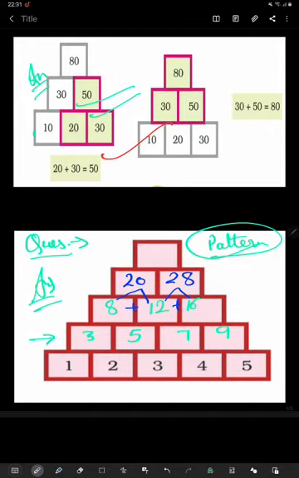Okay, now next one, last. This block is sharing the boundaries with these two blocks. Okay, so we will add these two numbers. So what will come? 48. Yes, very good children, your answer is correct. 48 is the correct answer.